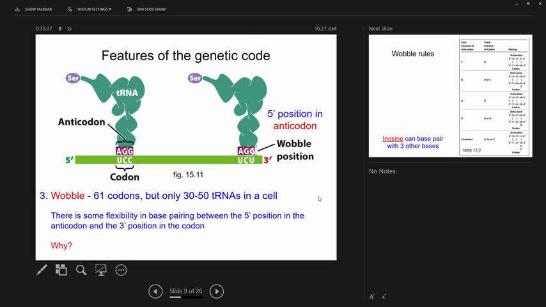And therefore it makes sense that you should be able to do the wobbling, because you don't want to have all these transfer RNAs sitting around the cell that are never going to get used. And so for the more rare occasions, you can have these other transfer RNAs that can actually do the wobbling in there.